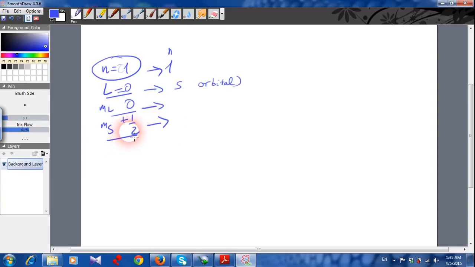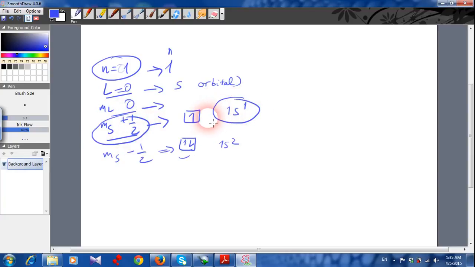With ms positive 1/2, it has just 1 electron, so we have 1s1. If ms is negative 1/2, that means in the s orbital we have 2 electrons, so it would be 1s2, but the question is ms positive 1/2, so the answer will be 1s1.